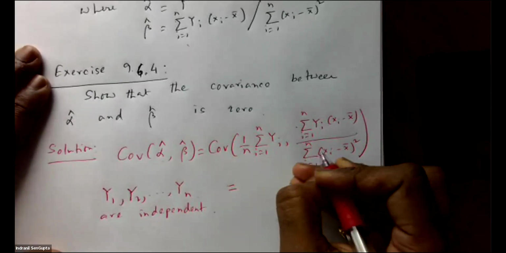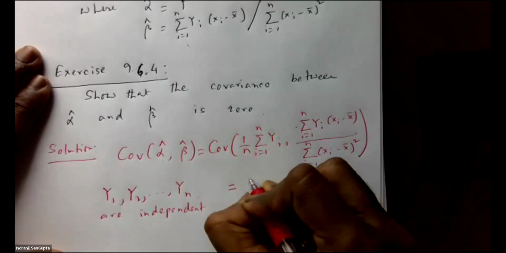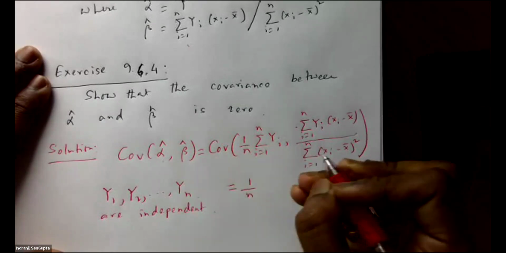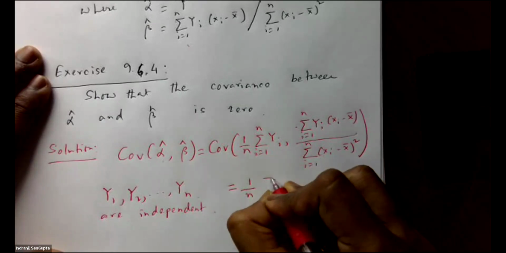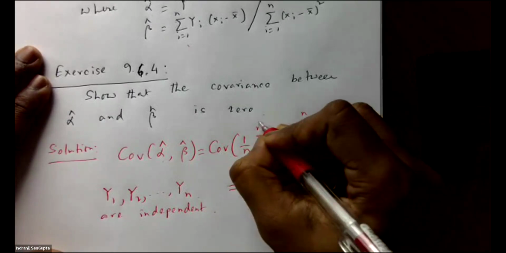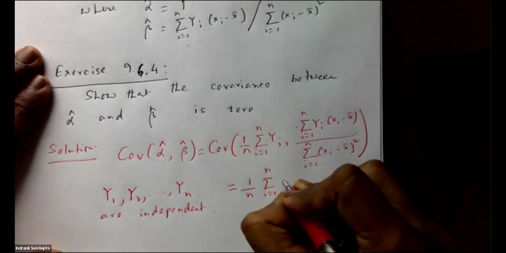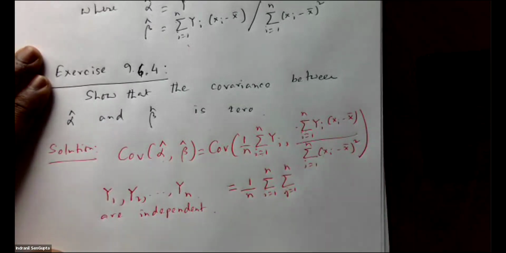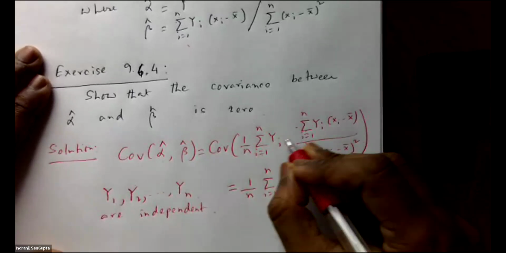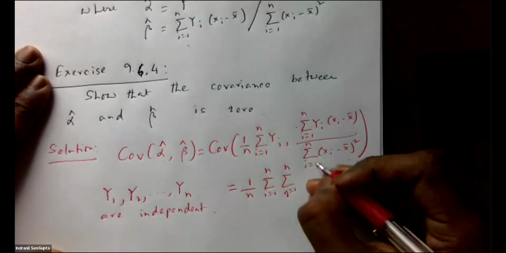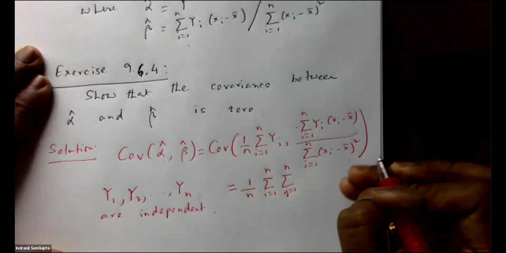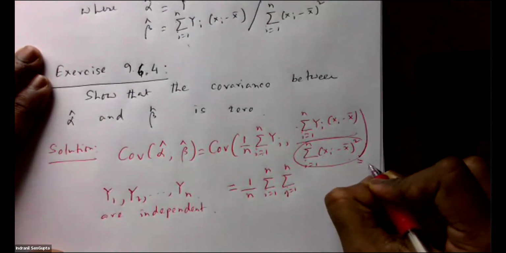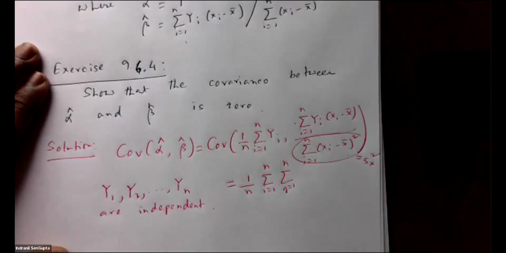So you can pull out some of the numbers. So it's 1 over n, I'm pulling out this one, and then this summation i from 1 to n. So this is the first summation, and I have to pull out another summation, but I cannot call it i because then it will look the same. So j from 1 to n, and then I have to multiply the second one with also this quantity. So let's call this one equal to sx squared. So it's a known number, right?